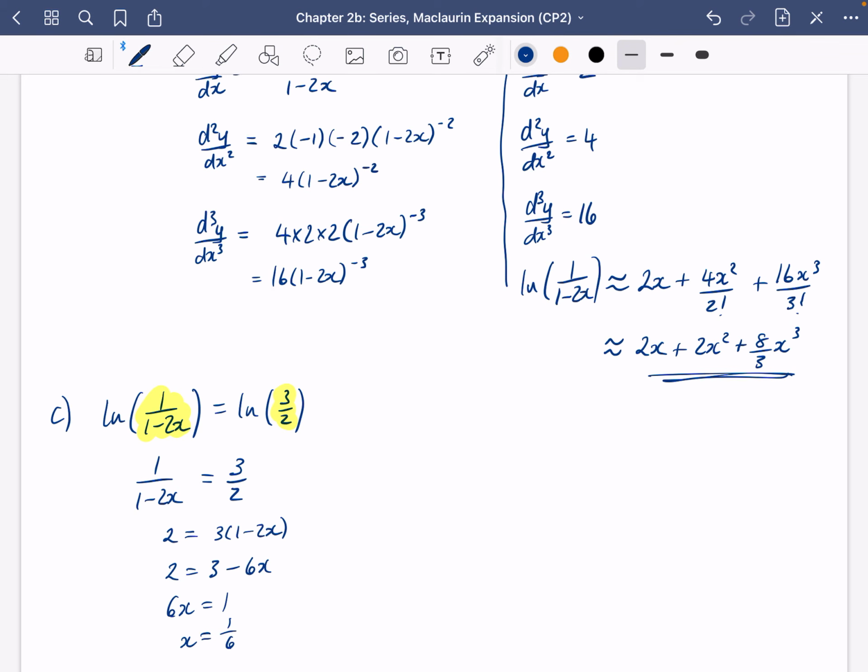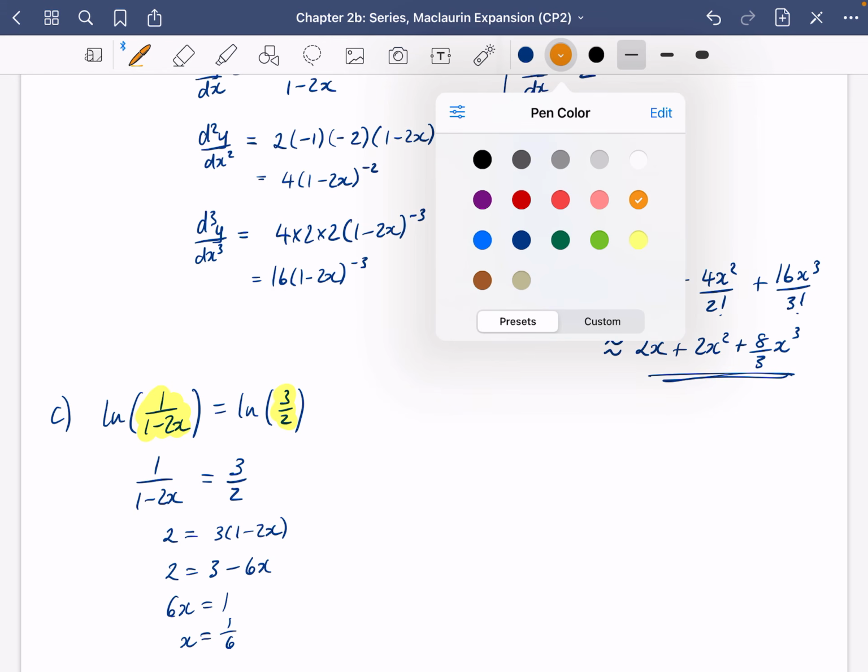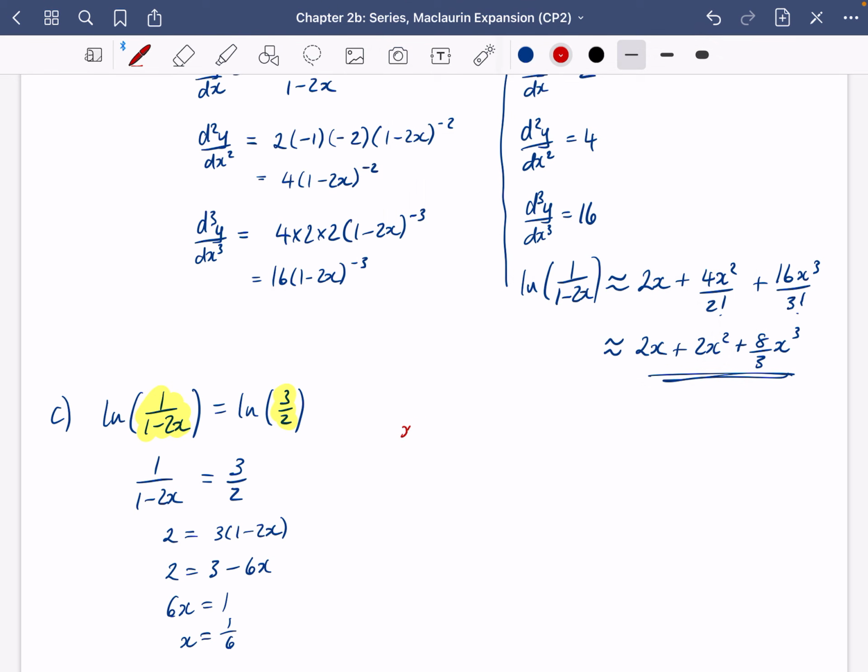And just to check that what we've actually done there, this actually does make sense, because if I were to substitute x equals a sixth into 1 over 1 minus 2x, I would have 1 over 1 minus a third, which is 1 over 2/3, which is indeed 3 over 2. Okay, so you don't need to show that because we've already solved it.